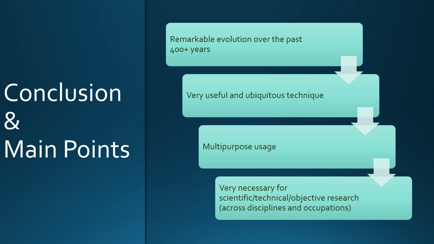They're very necessary not only in science, but for many technical and objective research purposes across many different disciplines, not just what you may typically think of as related to or pertaining to science.